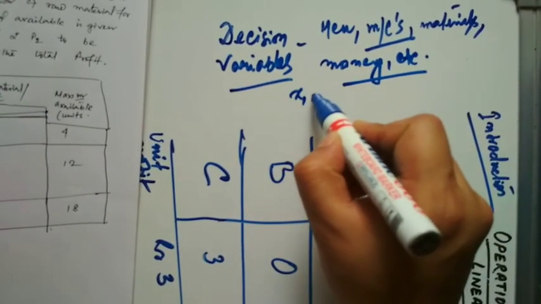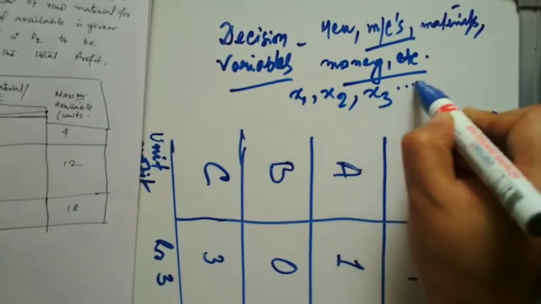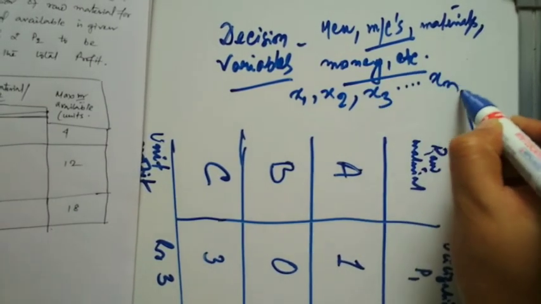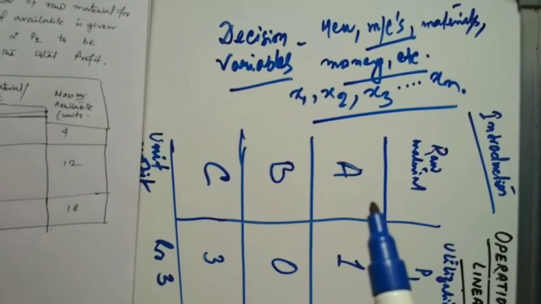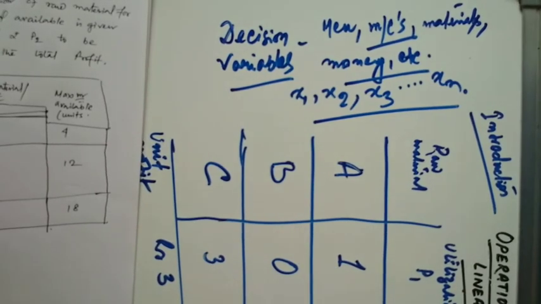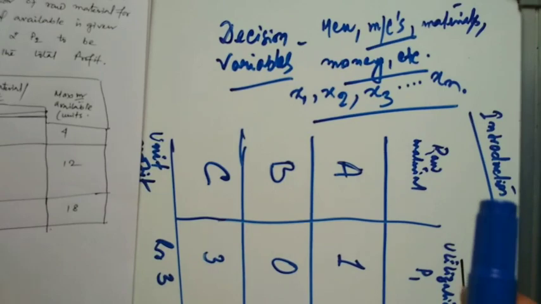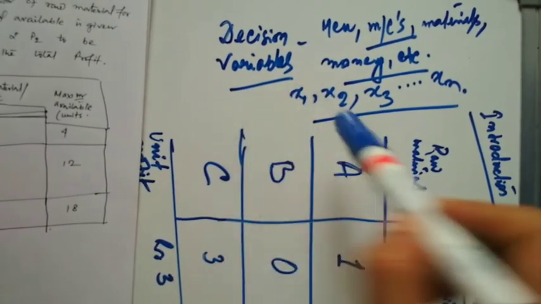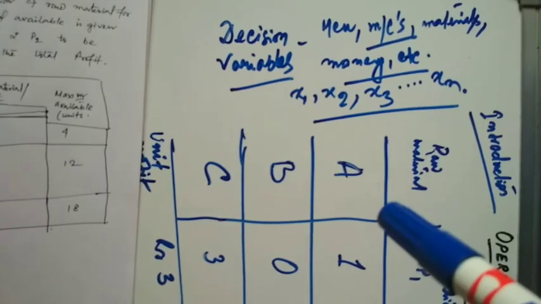These are represented in linear programming as x1, x2, x3, up to xn. So basically, decision variables represent the quantities of the different products to be manufactured by using limited resources. This is a very important term we are going to use in solving a linear programming problem.